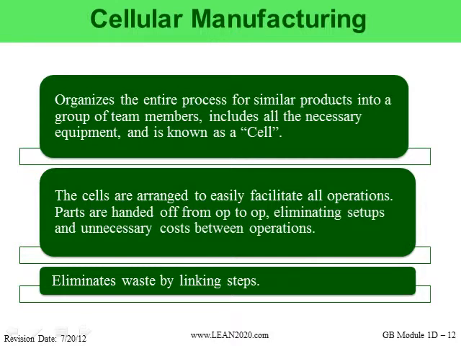So cellular manufacturing is meant to link these steps as closely as possible, and I'll even say as closely as practical, because we don't want people on top of each other. We want to have safe distances between them so they're not bumping into each other. But what we're actually trying to do is limit motion and transportation of product.